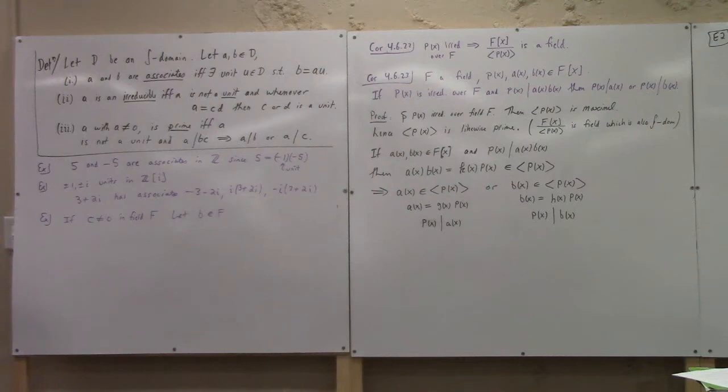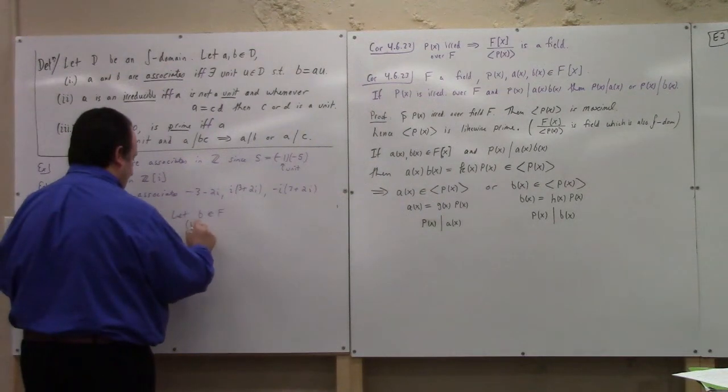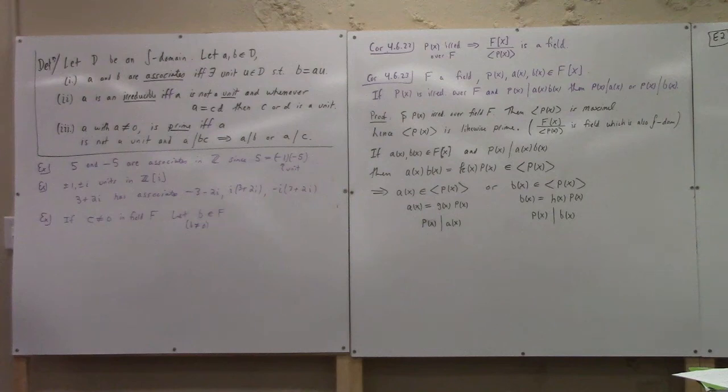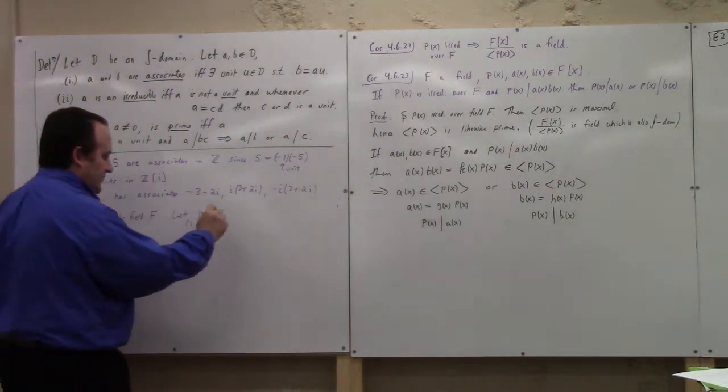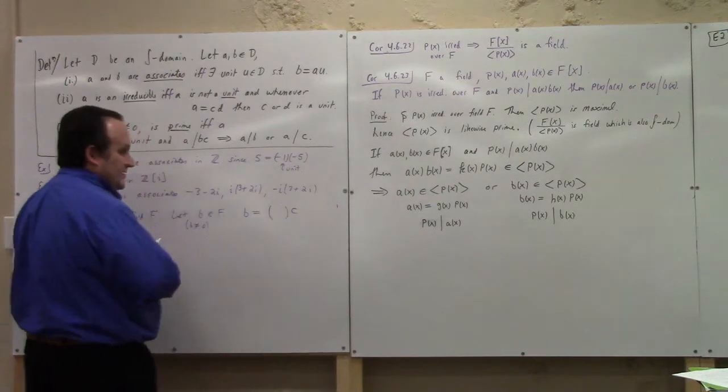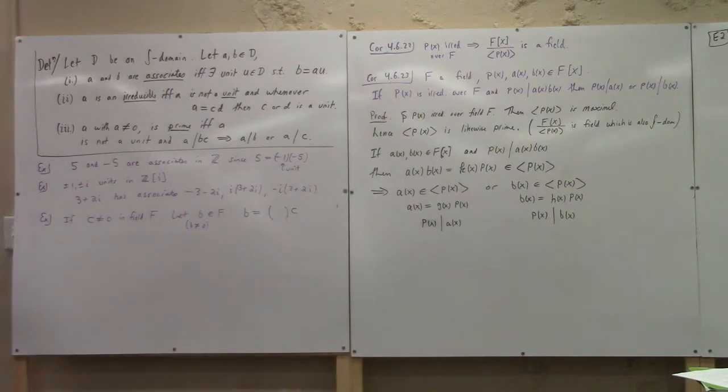Prove to me that b and c are associates. Well, b is not equal to 0. So my question is, b is equal to blank times c. You can put a unit there.